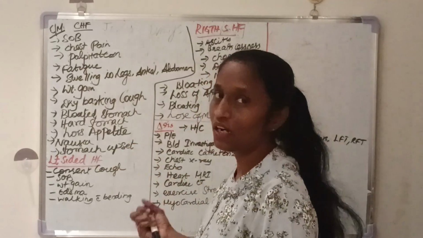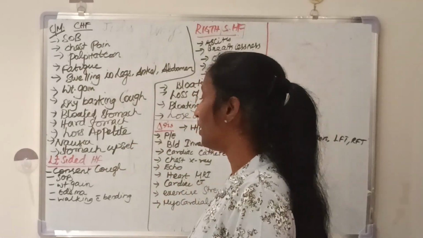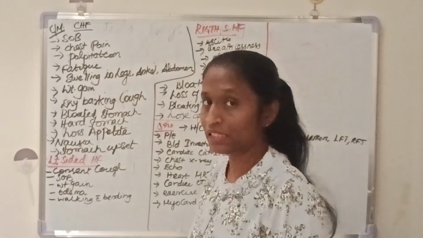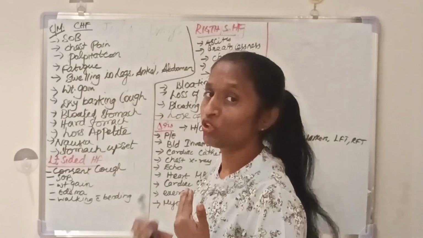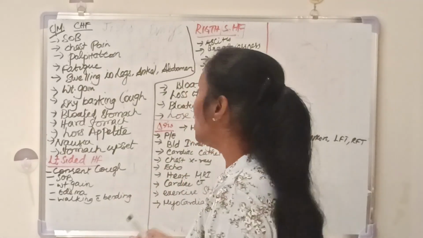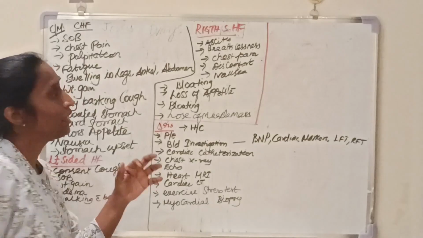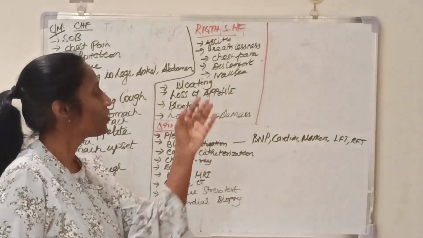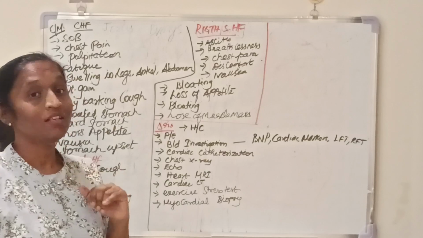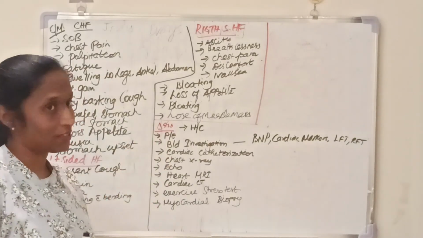Left side heart failure: constant cough, shortness of breath, weight gain, and edema in the lower extremities, up to the thighs and the genitalia, walking with bending. And when you come to right side heart failure: ascites, breathlessness, chest pain, discomfort, nausea, loss of appetite, bloating, and loss of muscle mass.